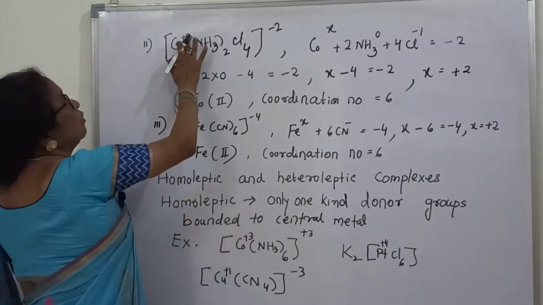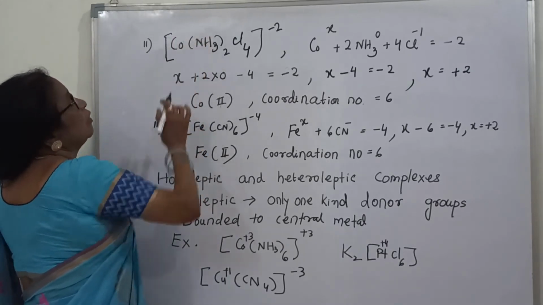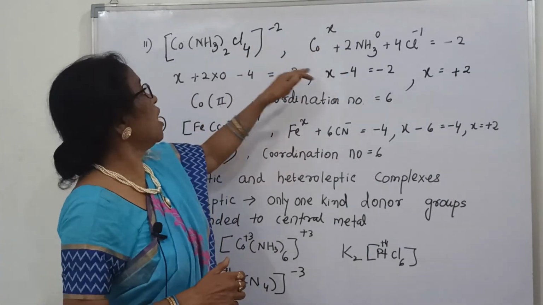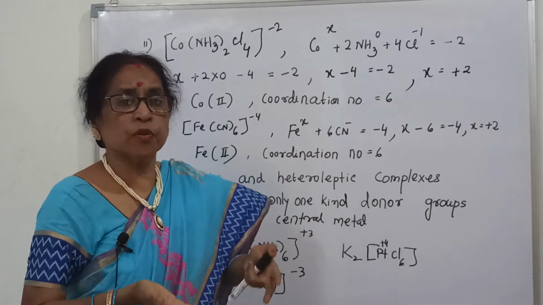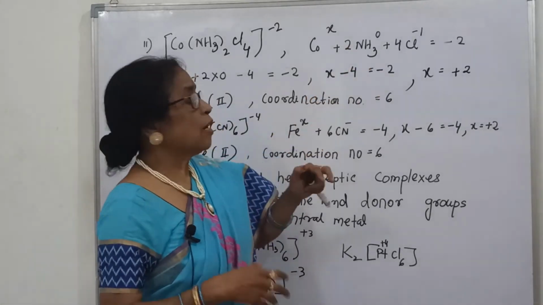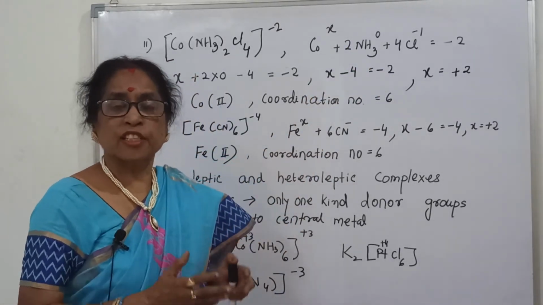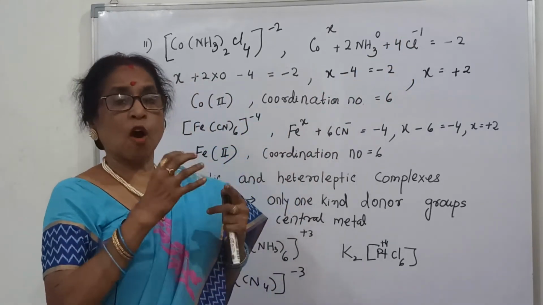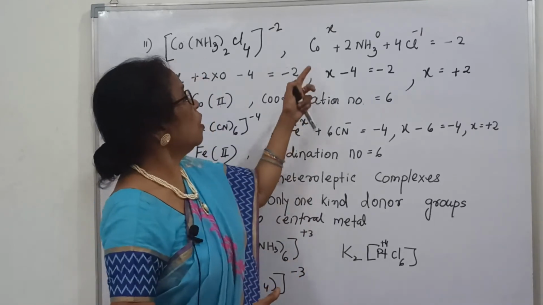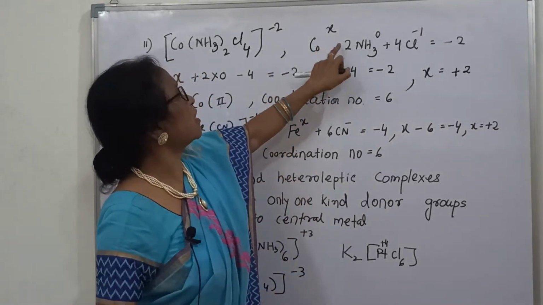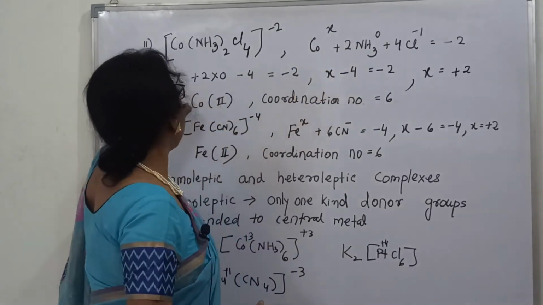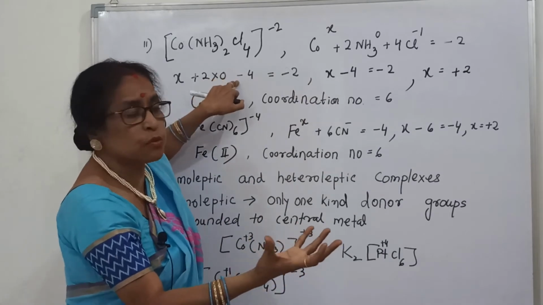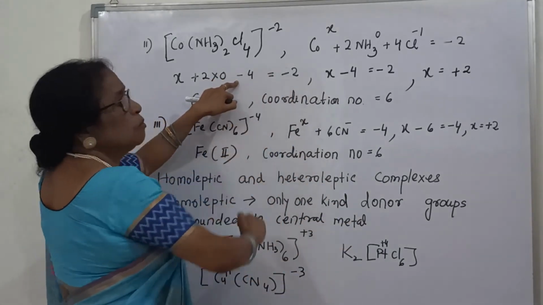So how can you calculate? First you will do the calculation. Let cobalt be X, and ammonia is 0, because ammonia is a neutral molecule. Chloride is an anion, the charge is minus 1, so it is 4 Cl minus, 4 chlorides. So X plus 2 into 0 minus 4, because chloride is minus 1, so minus 4, equal to minus 2.